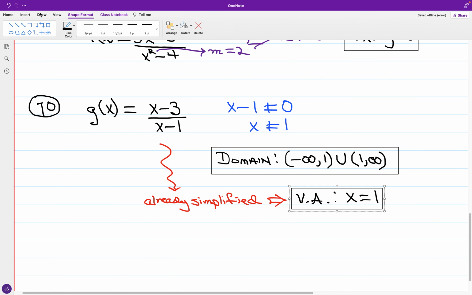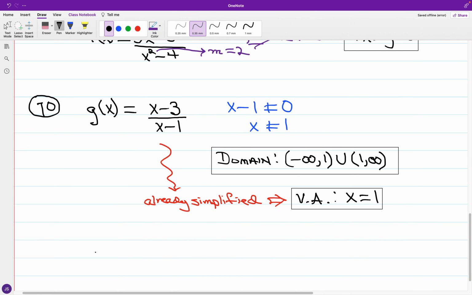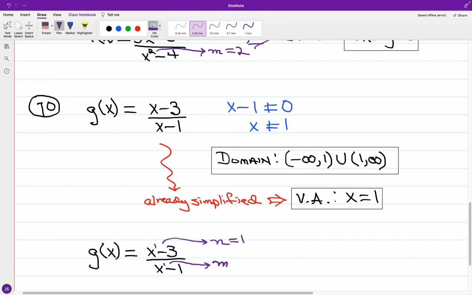And for the determination of whether we have any other asymptote, in both the numerator and denominator we have the variable term to be x. And x is of first degree, so n is equal to 1, and we have that m is equal to 1.